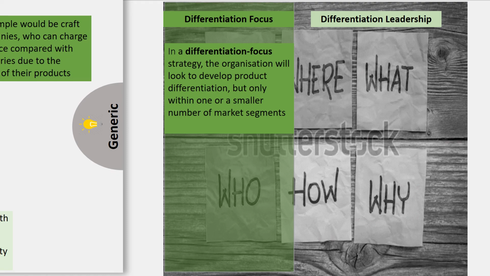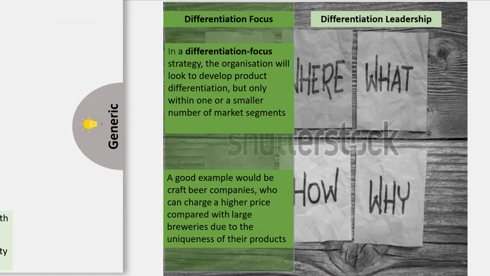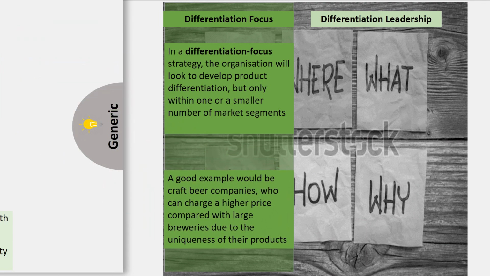Again, a bit like the cost focus, you're trying to target a small segment of products that are differentiated in some way, shape, or form. A good example would be craft beer companies, who can charge a higher price compared with large breweries due to the uniqueness of their products.